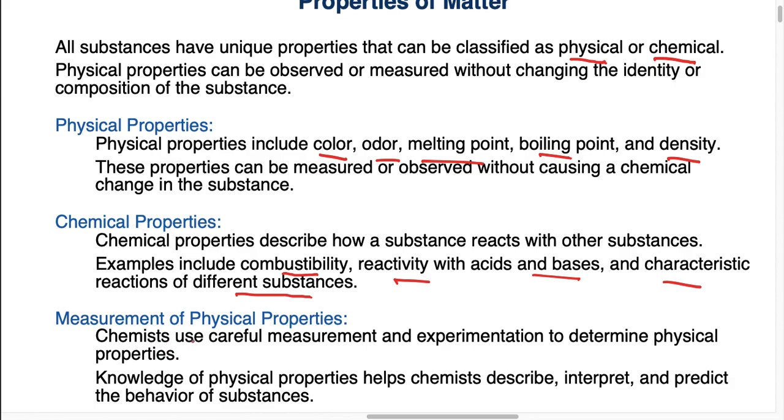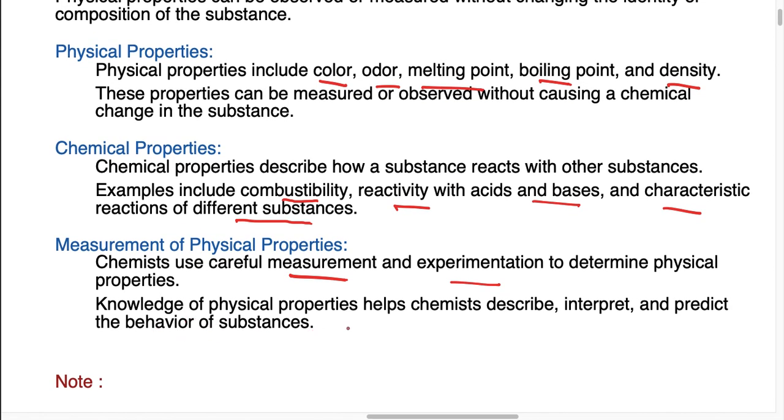Chemists use careful measurement and experimentation to determine physical properties. So we can say that to measure physical properties, we have to do careful measurement and experimentation to understand a substance's properties.